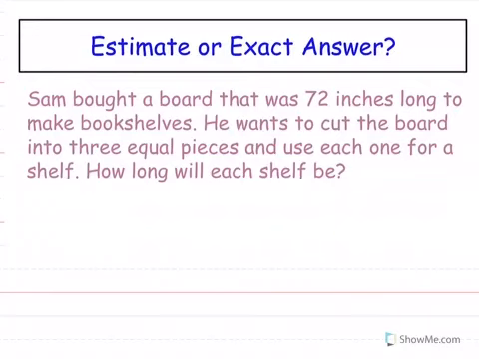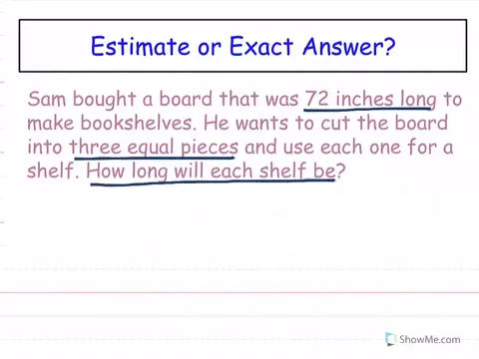Sam bought a board that was 72 inches long to make bookshelves. He wants to cut the board into 3 equal pieces and use each one for a shelf. How long will each shelf be? I know that I need to find an exact answer because it asks how long will each shelf be.